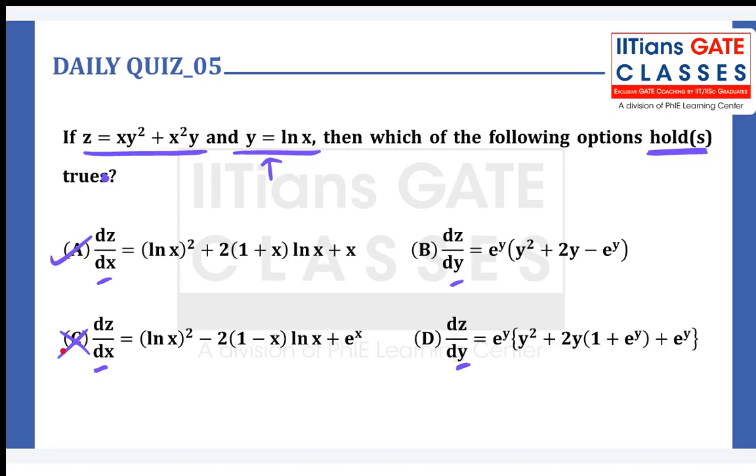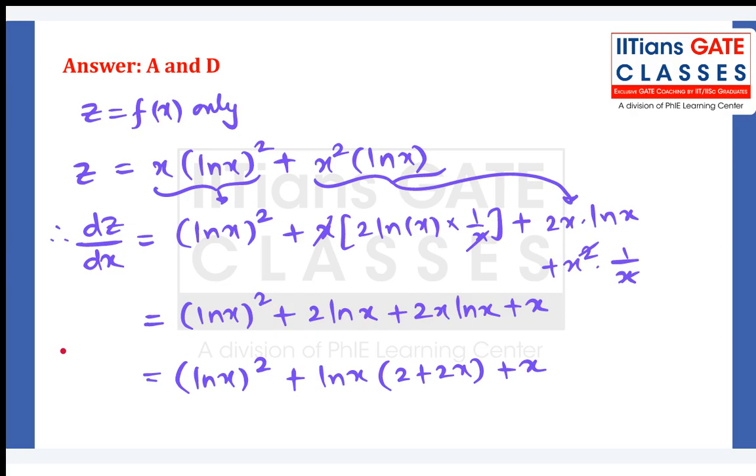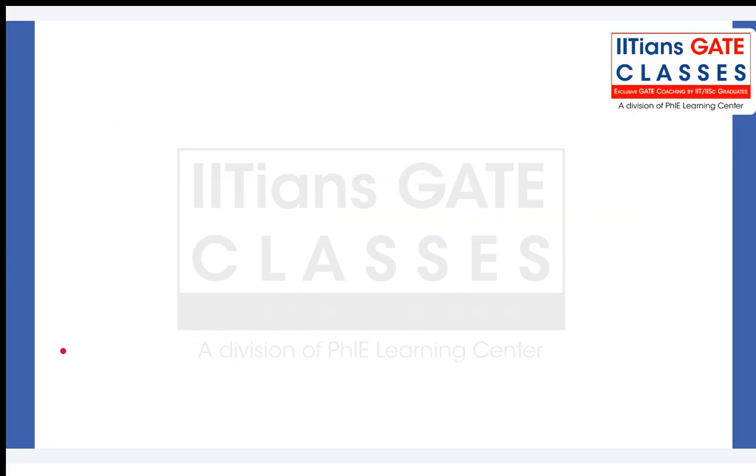Now similarly we have to verify dz by dy. For that we need to write the z function as a function of y only. So how do you write z as a function of y only? See, y is ln of x, right? That means x is e power y.